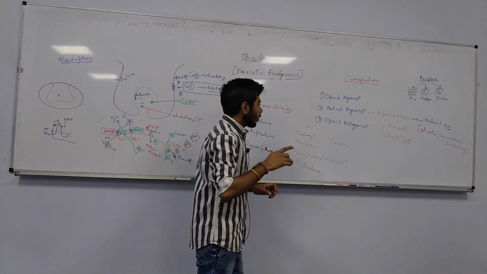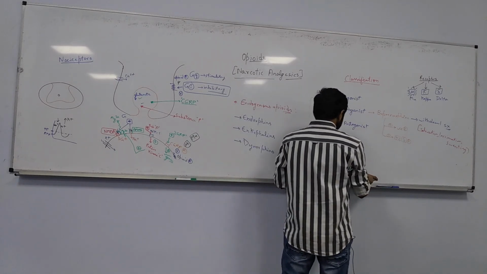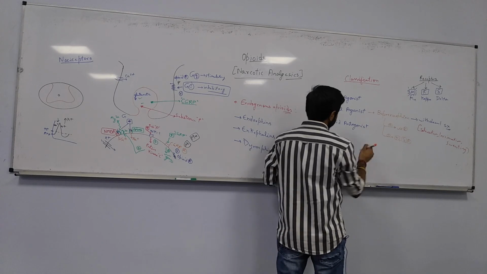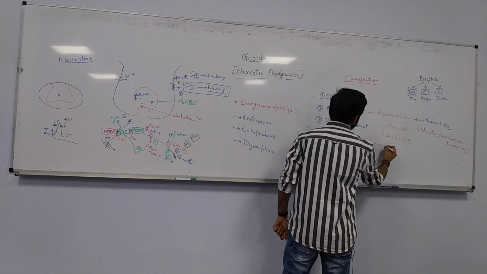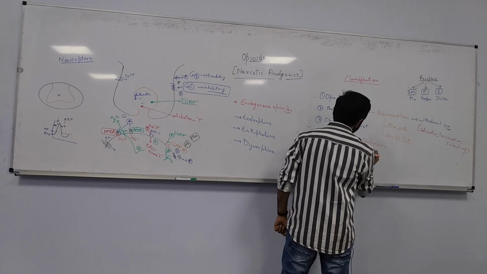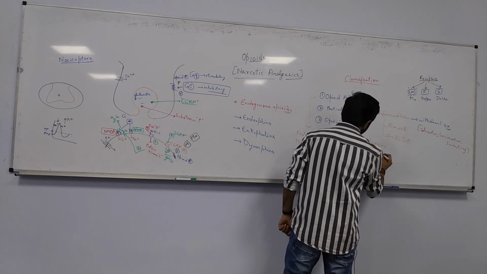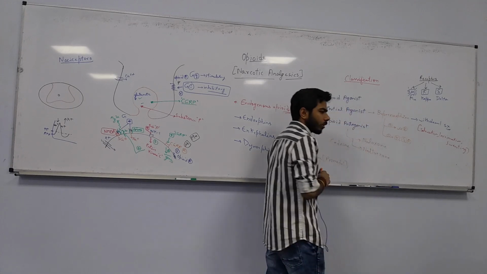In the opioid antagonists, we have the drug naloxone, and one more drug, naltrexone.